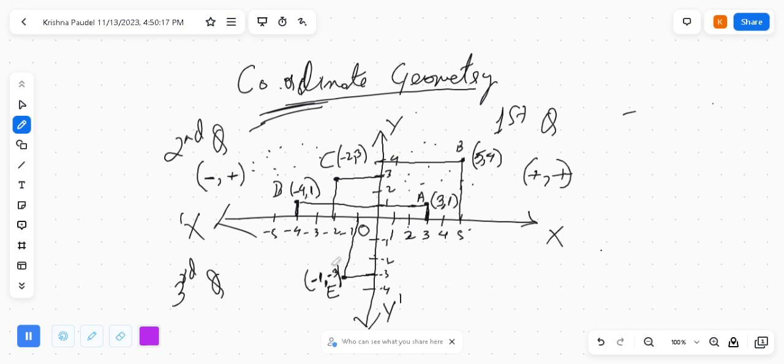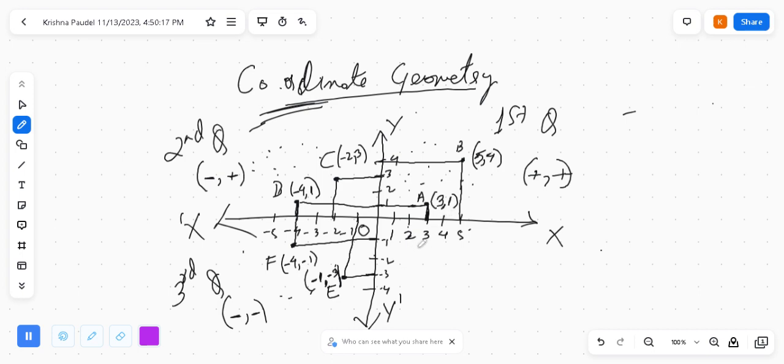So it's -1, -3. Same way, let's say we take this point F, and if I want to know the coordinates of this point, I will drop a perpendicular from this point to the x-axis first, which is -4, and from here I'll drop a perpendicular to the y-axis, which is -1. So from here we learn that any point here on the third quadrant will always be negative, negative.